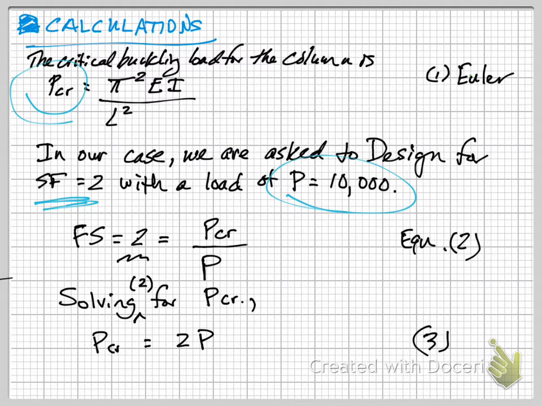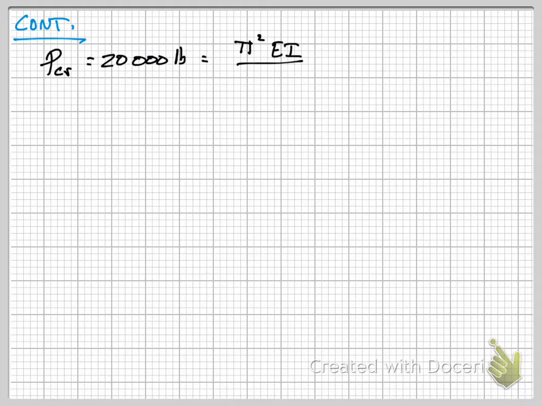I'm going to go ahead and plug in my value of P, and I get a P critical of 20,000. I can plug this into my equation 1. So my P critical is 20,000 pounds. That's pi squared EI over L squared. We'll go ahead and call this equation 4.